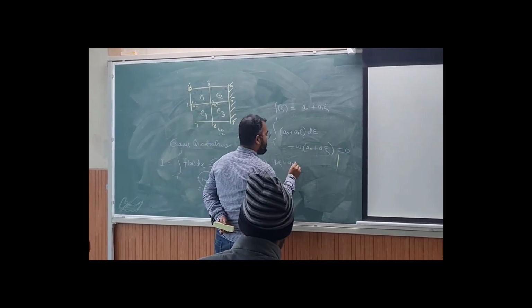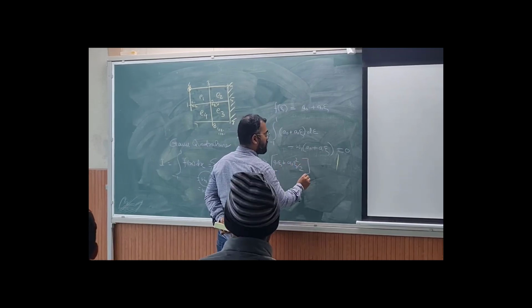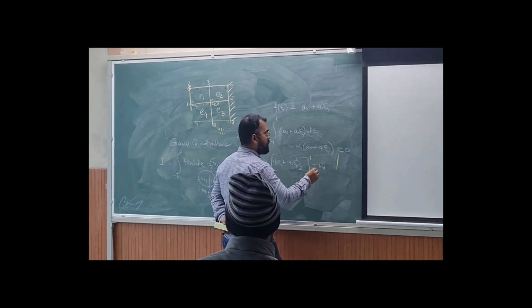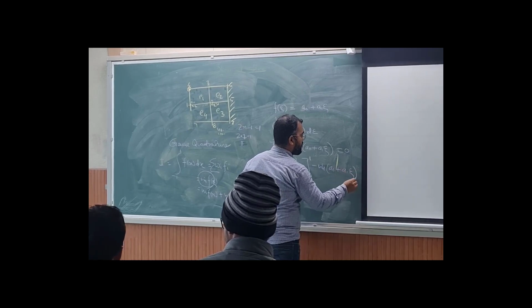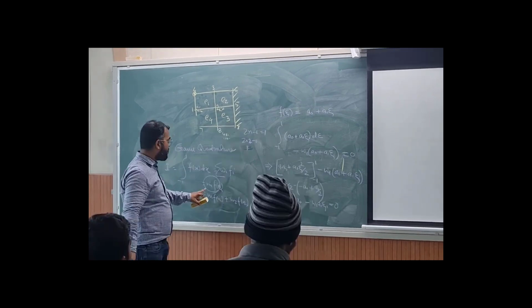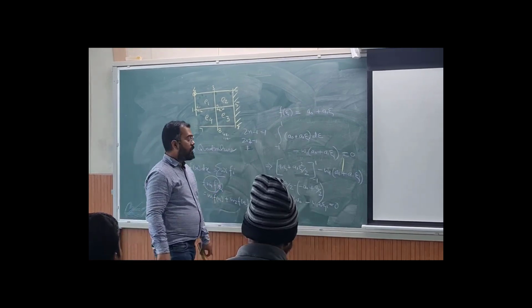So then you have a1 epsilon square by 2, and this goes from minus 1 to plus 1, and here you have w1 into a0 plus a1 epsilon. So what do you get from here? f1, f of epsilon 1 or x1. Okay.